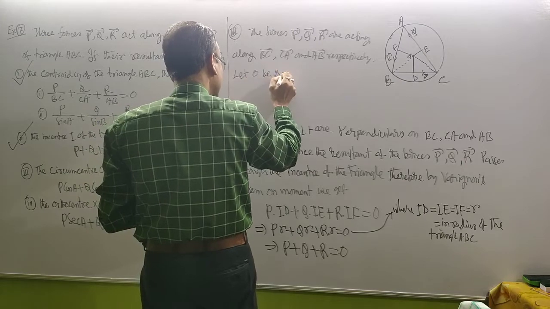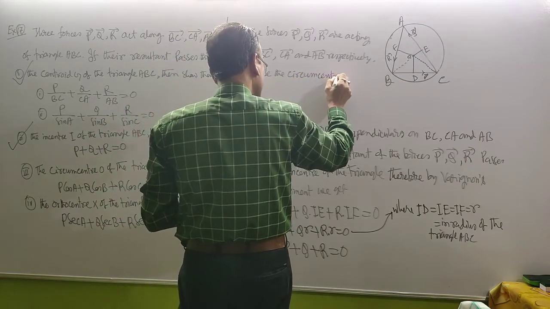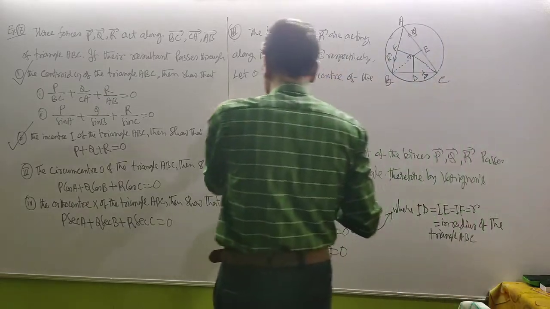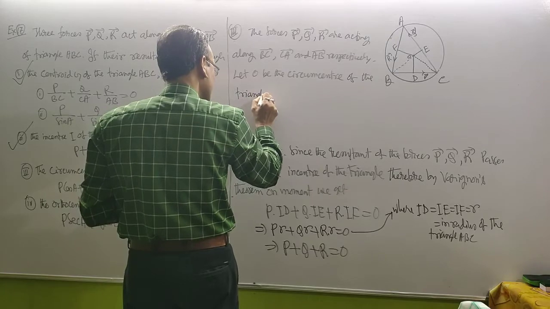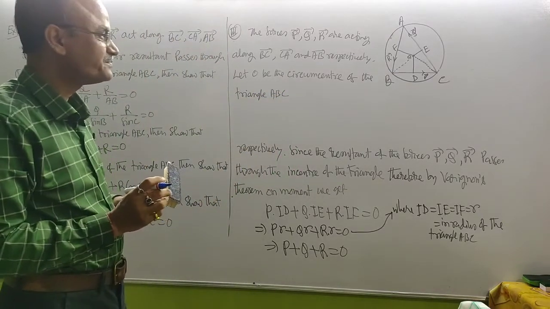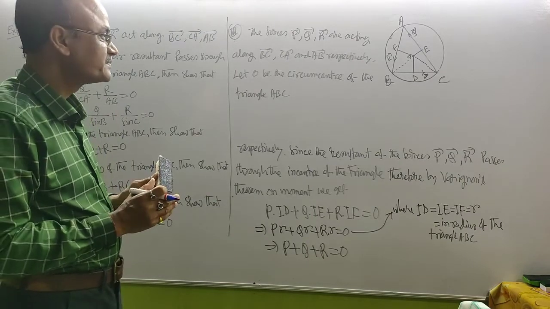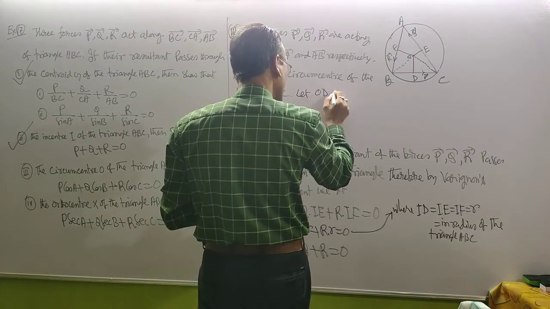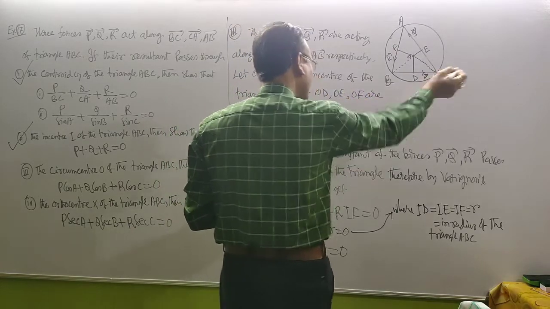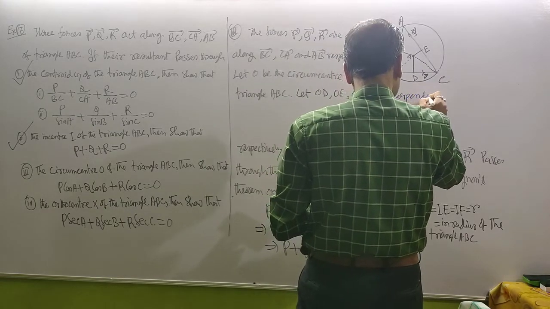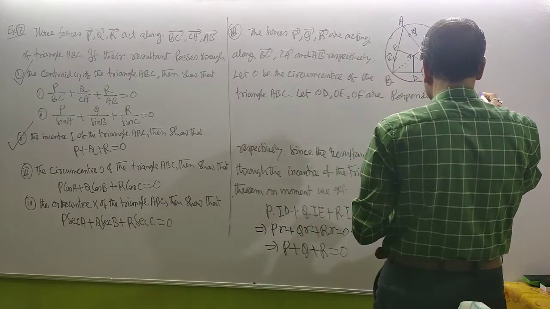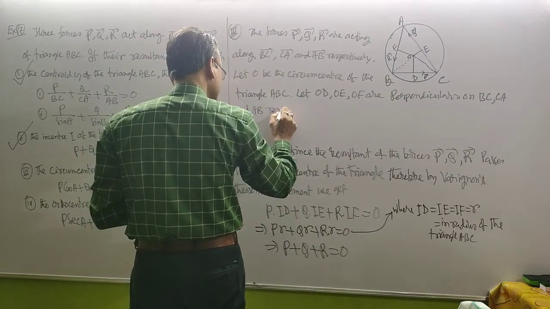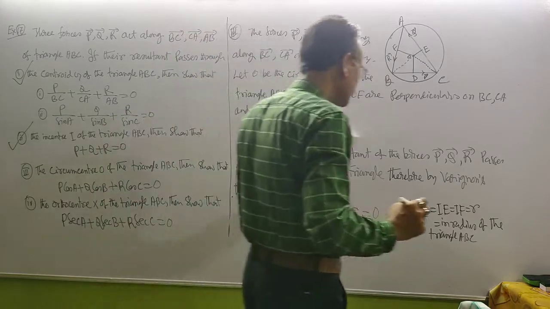Let O be the circumcenter of the triangle ABC. Let OD, OE, OF be the perpendiculars on BC, CA, and AB respectively.